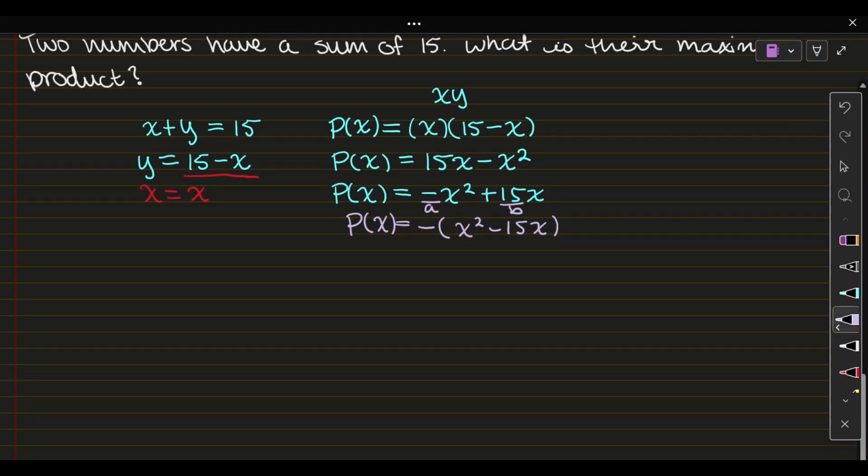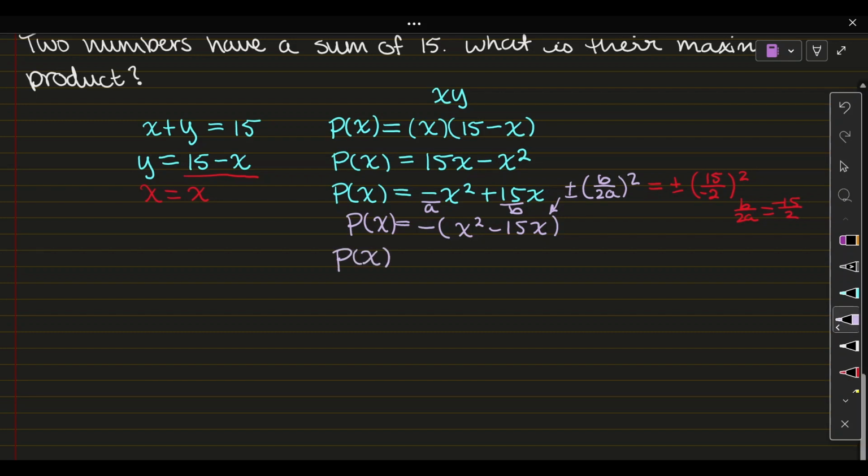Now, in the parentheses, I'm going to add and subtract b over 2a squared. a is -1 and b is 15, so b over 2a is -15 over 2. Now I'm going to add and subtract that inside the parentheses.